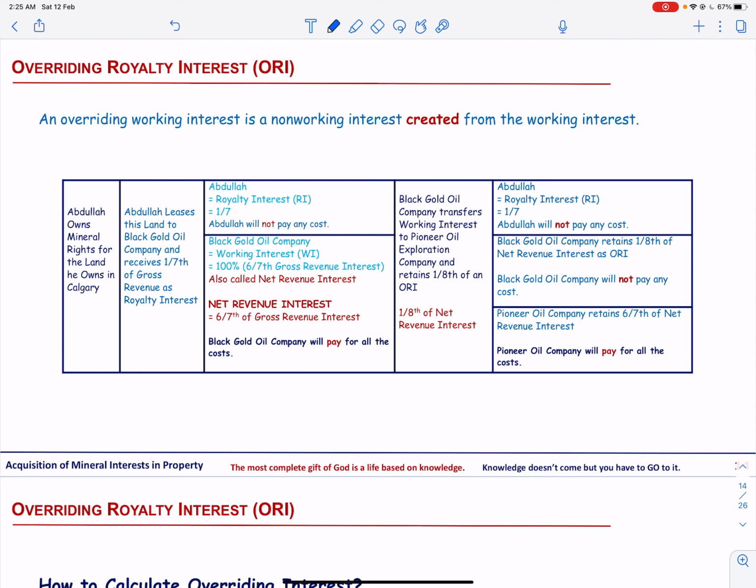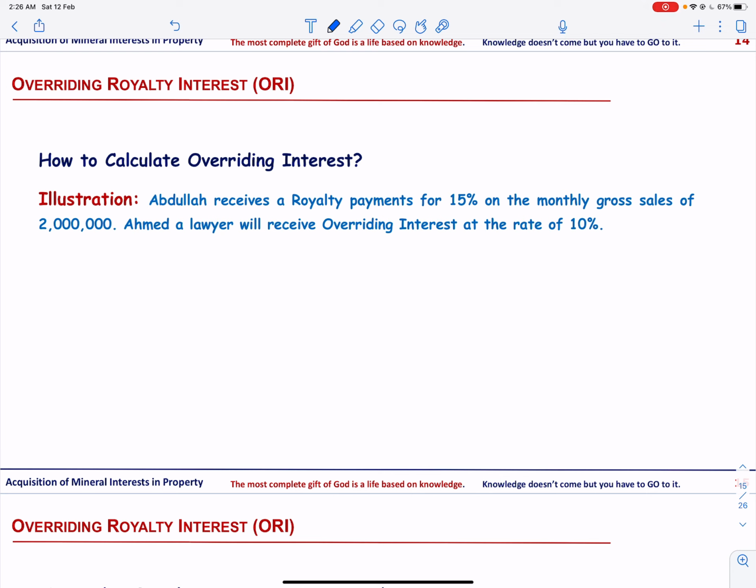The revenue remaining after the royalty interest is paid out of the working interest is called the net revenue interest. If you are the lessor of an overriding royalty interest, you will receive your proportional share of the working interest lease based on the net revenue interest. So, net revenue interest is equal to working interest minus royalty interest.